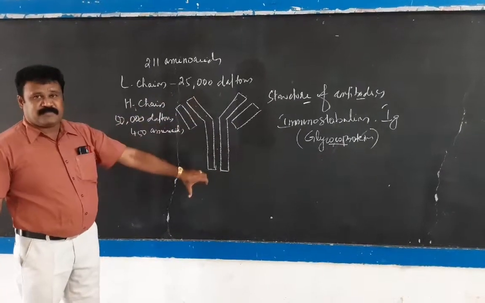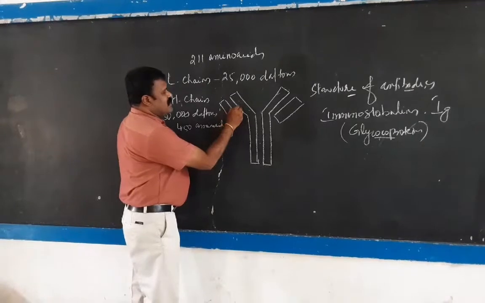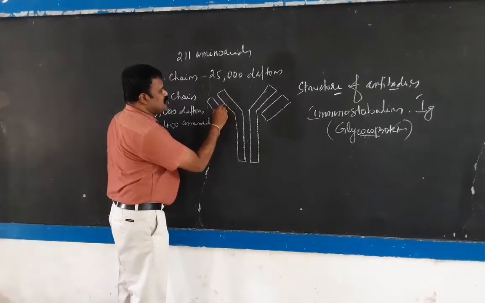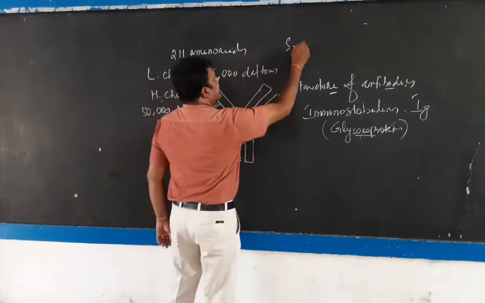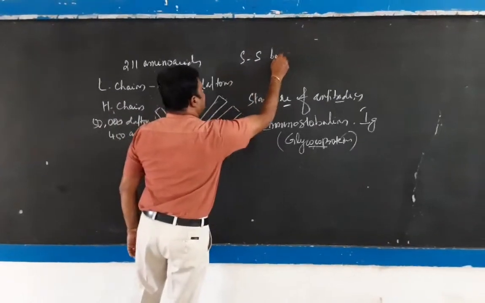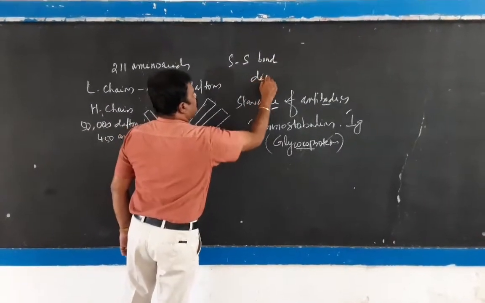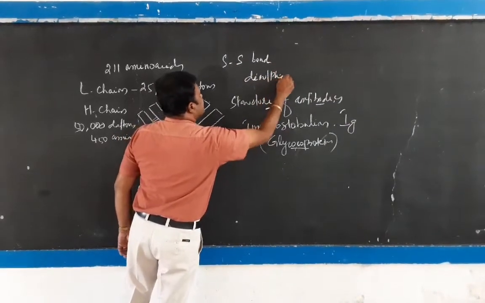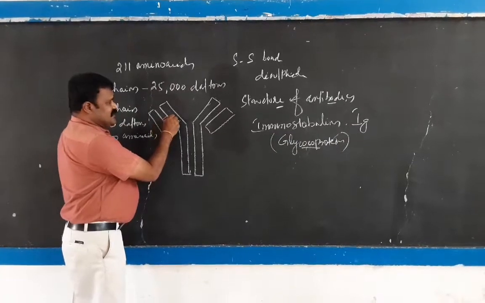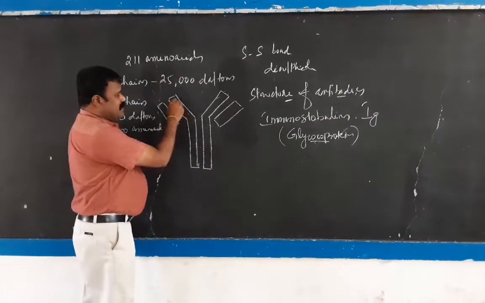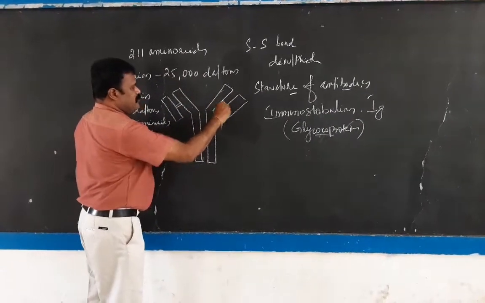They have 2 compartments. Each light chain is attached with a heavy chain by a disulfide bond, SS bond. We call it a disulfide bond.